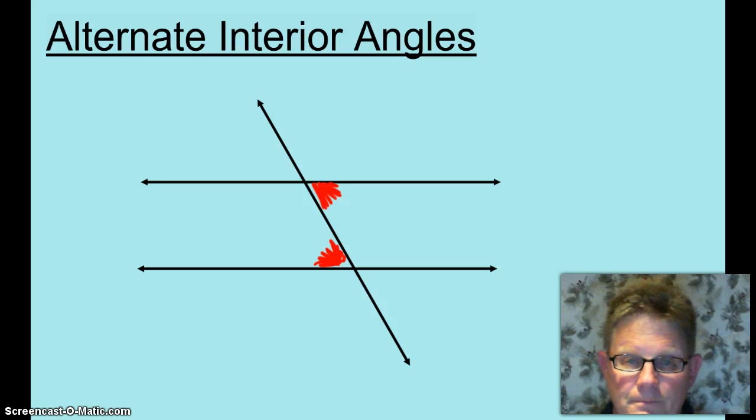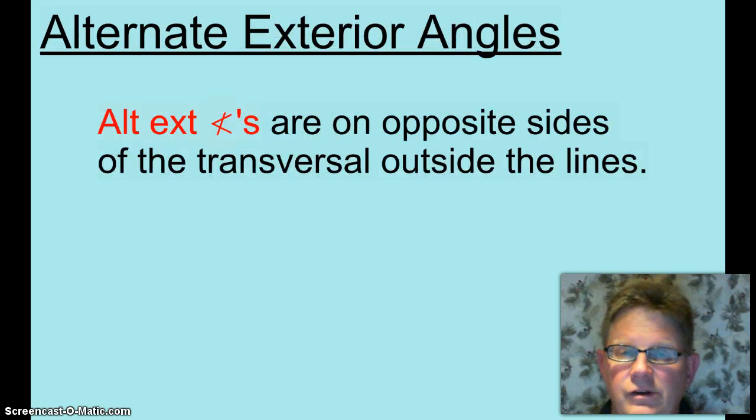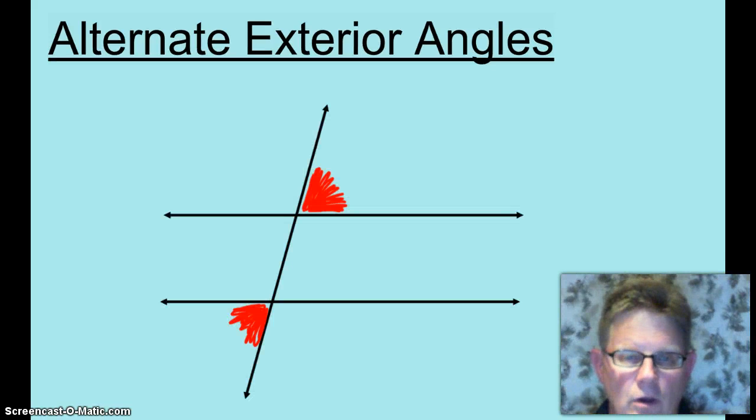So let's move on. Alternate exteriors, from now on abbreviated if you so please, alt-ext angles, are on opposite sides of the transversal outside the other two lines. And those would look something like this. And there you go. Alternate exterior angles. They're on opposite sides of the transversal.